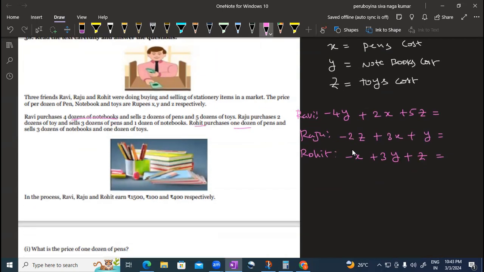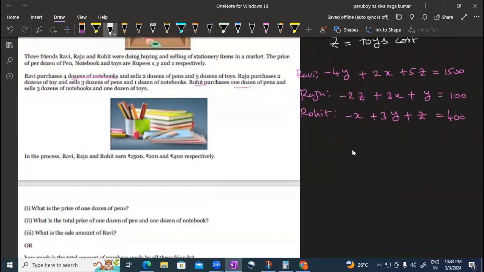And in the process, they earn 1500 rupees, 100 rupees and 400 rupees respectively. So this is the information given, and we will use this information to solve in a matrix method.